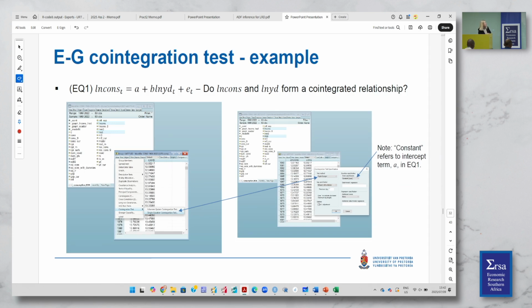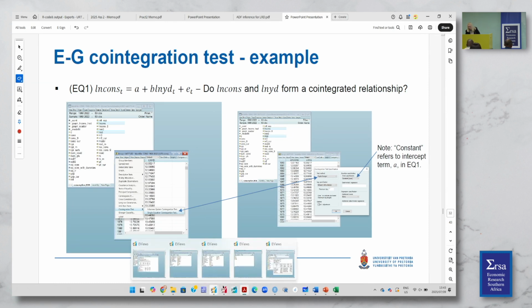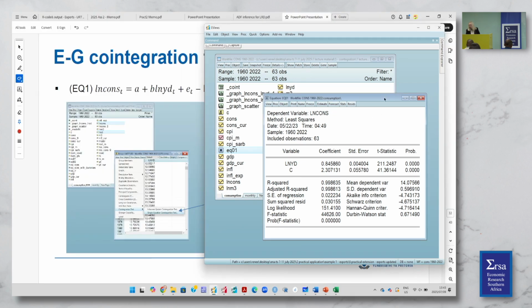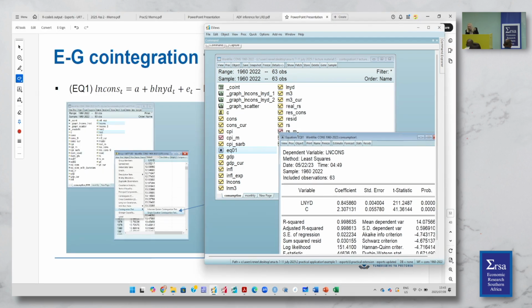How we do it depends on which software we use. Mostly it will be a command to test for co-integration. Maybe I can just open it here where it's a little bit larger. So I have consumption and income.